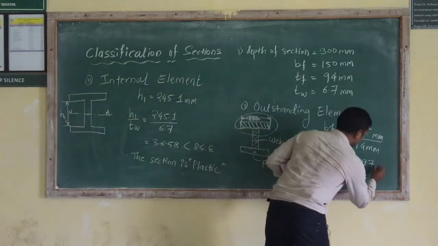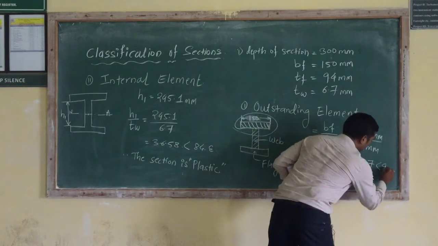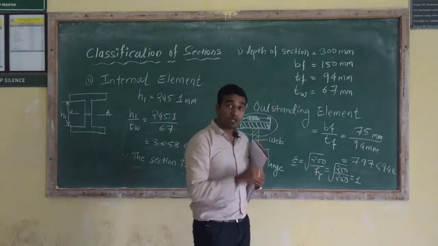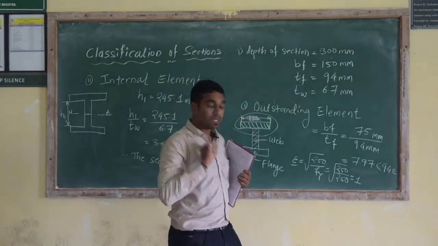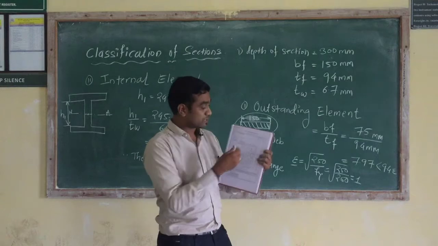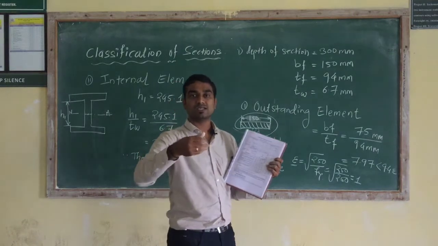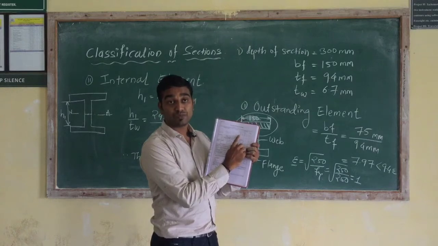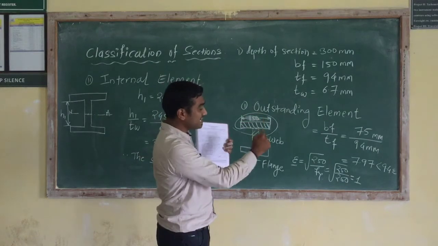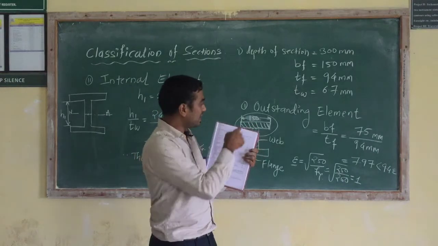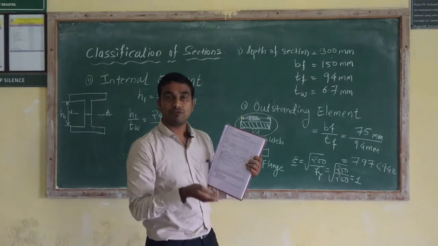This means the section is classified under the class plastic, because the value of BF upon TF is less than 9.4 epsilon.